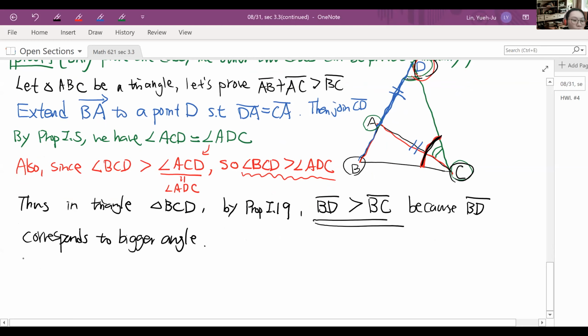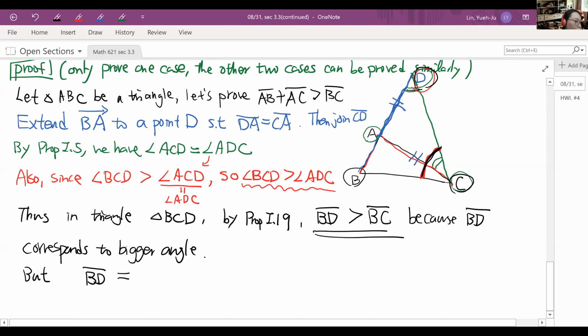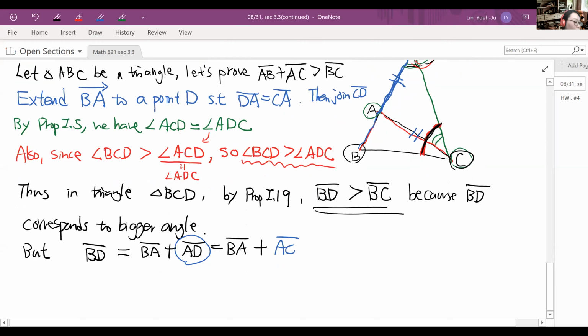But we also notice what BD is here. BD can be decomposed from the picture: it becomes BA plus AD. Keep the BA. But at the same time, remember that AD was constructed, or chosen, to be the same as AC, from the very beginning. So BD is BA plus AC.